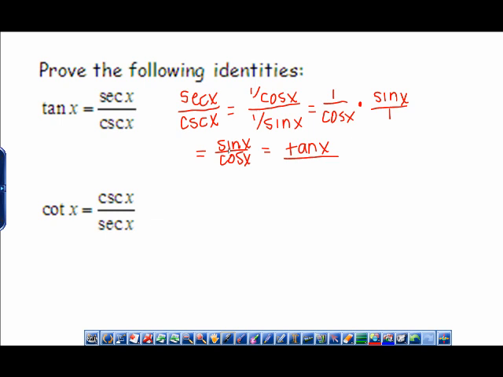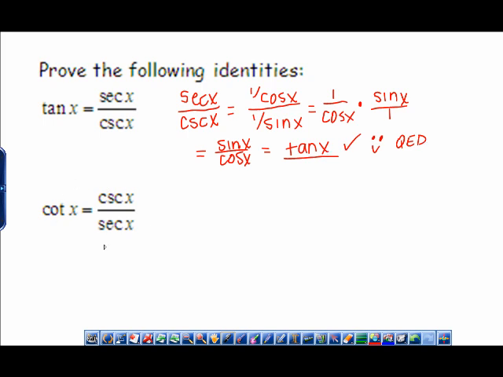Now at the end, you can do a little check mark, a happy face, or write QED. If I remember correctly, this is quod erat demonstrandum, which is Latin for it was to be proven, or something like that. I'll have to look that up and tell you guys in class. But a simple check mark is fine.